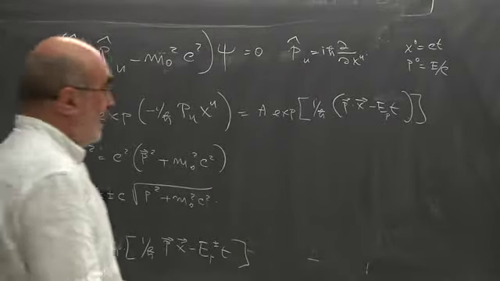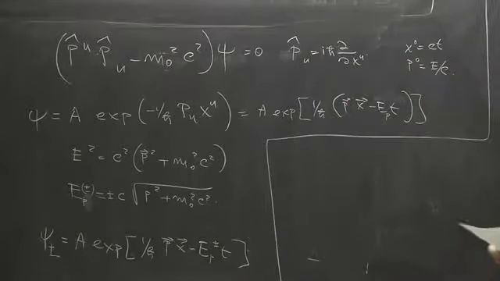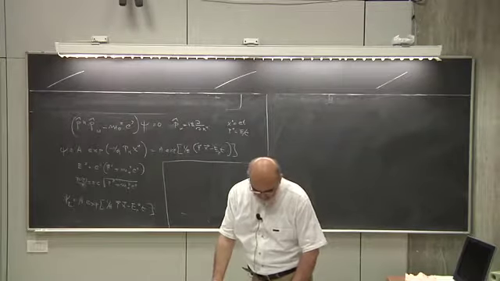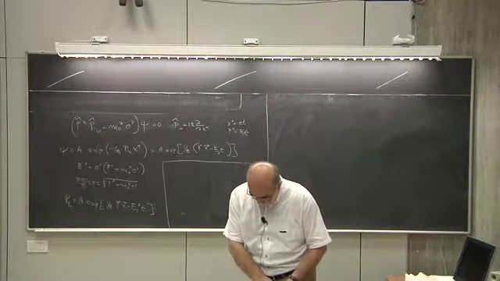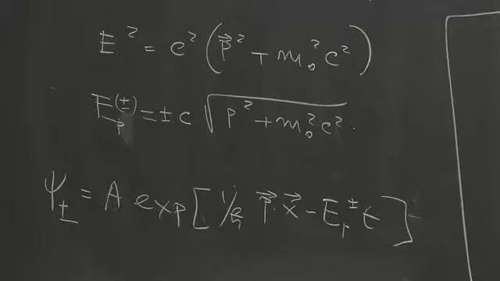Now let's go back and see what happened to the probability density, even if it had no meaning of probability density. The probability density was rho equals i h bar over 2 m0 c square times psi star d psi dt minus psi d psi star dt.